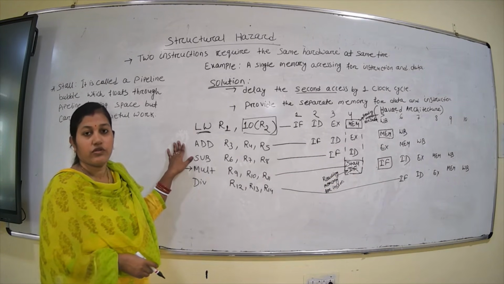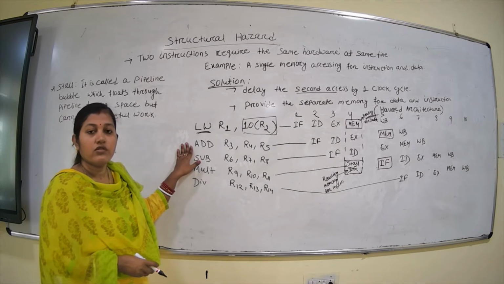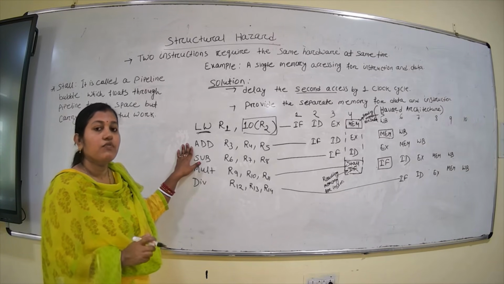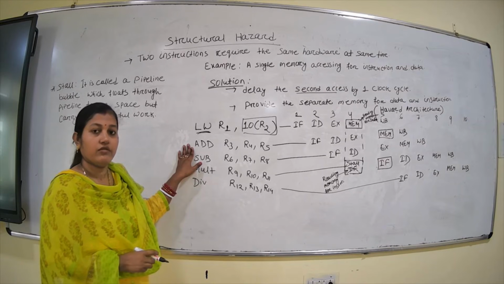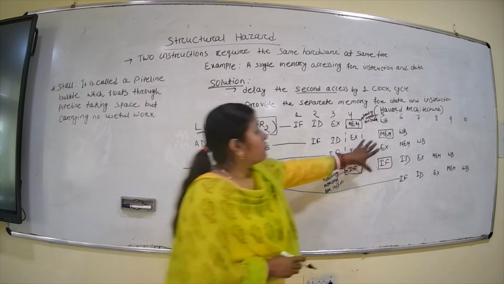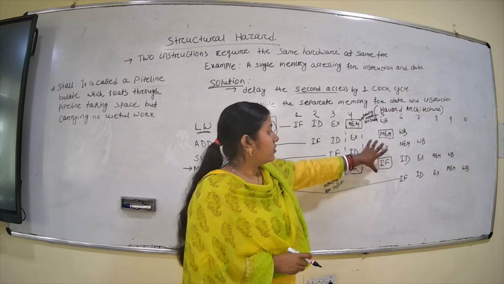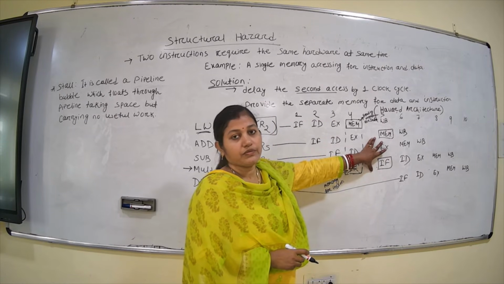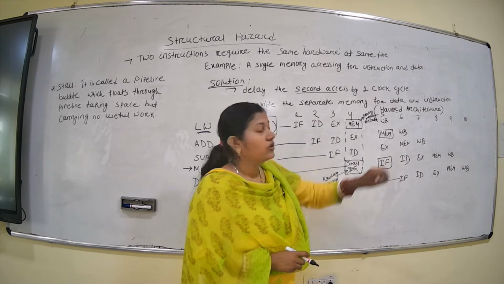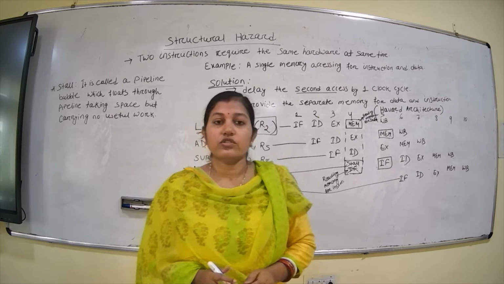It is an add instruction. So the add instruction is not accessing the memory for data. That's why memory and IF can overlap in the same clock cycle. So this is your structural hazard.